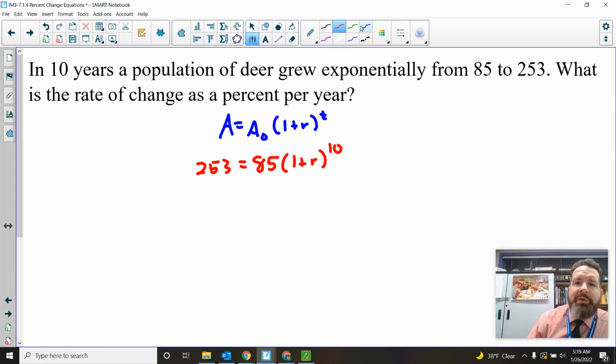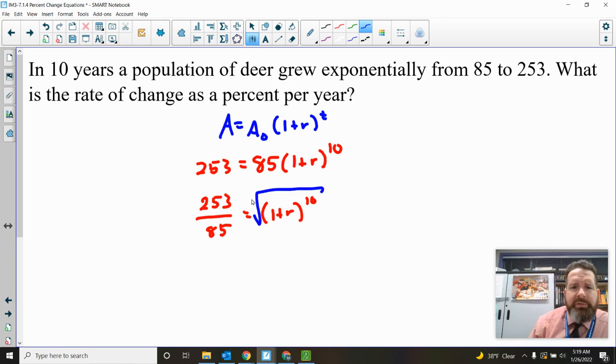Again, do not round in the middle of the problem. Rounding should happen only in the final step. Next up, the exponent of 10 needs to go away, so let's do a 10th root on both sides. All right, so over here on the left-hand side, I've got the 10th root of this fraction.